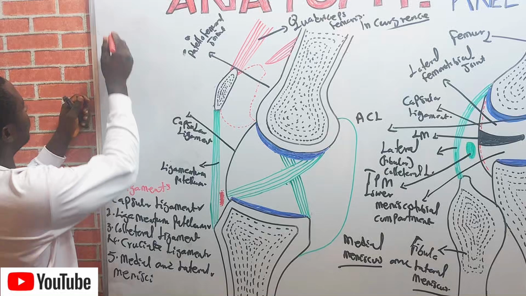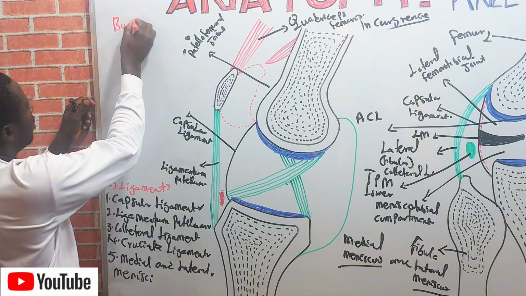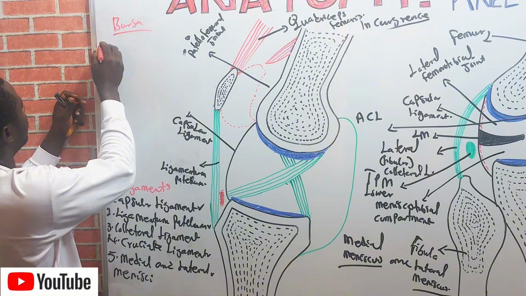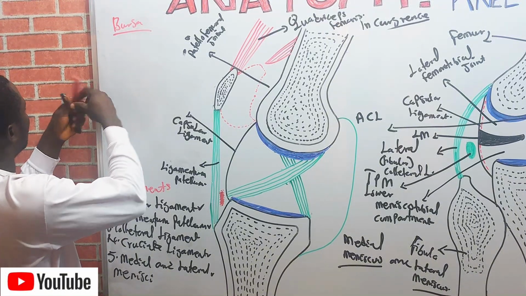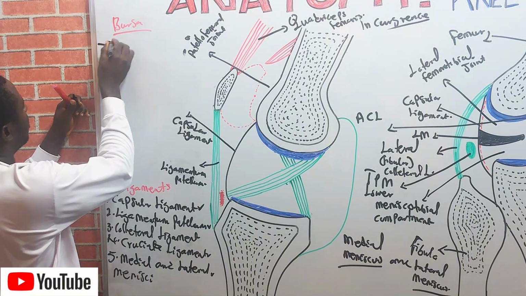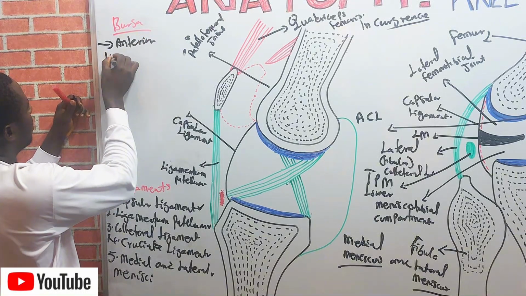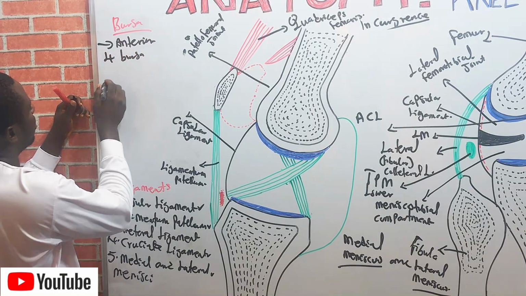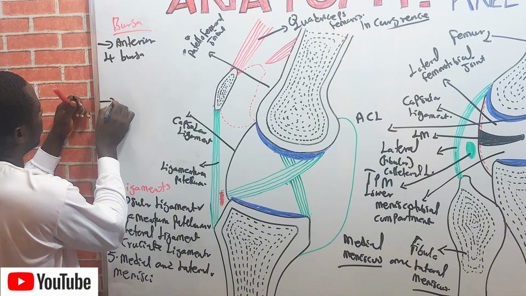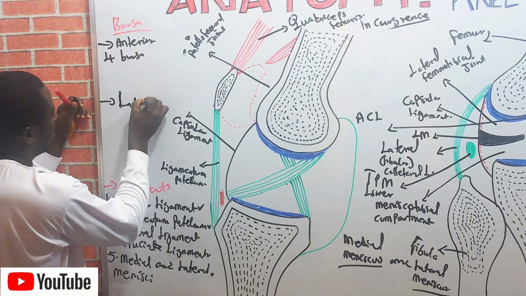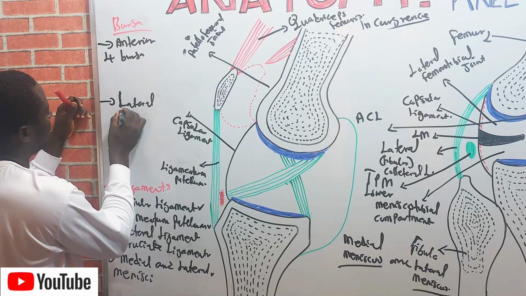Now, bursa is divided into 4. Anteriorly, we have 4 bursae. Laterally, we have 3 bursae.